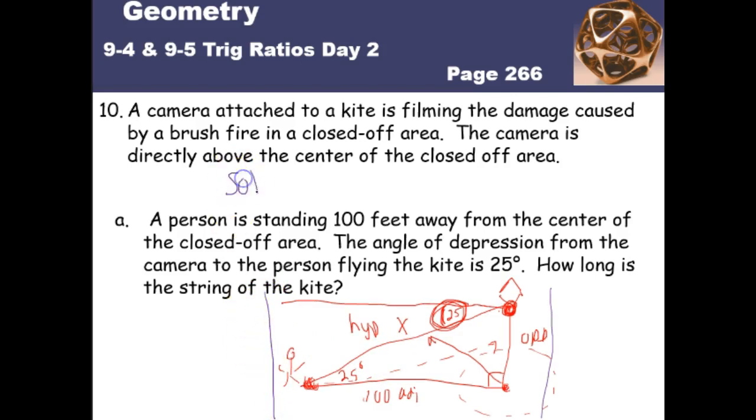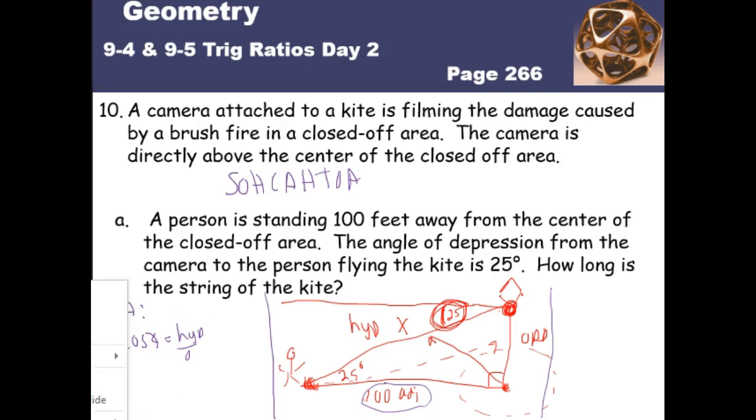So SOHCAHTOA. And I'm looking to find x. So x is the hypotenuse, so I have to use that. And I have to use 100, which is what they gave me. That's the adjacent. And that is cosine. Hypotenuse and adjacent is cosine. So the cosine of the angle is equal to the hypotenuse.